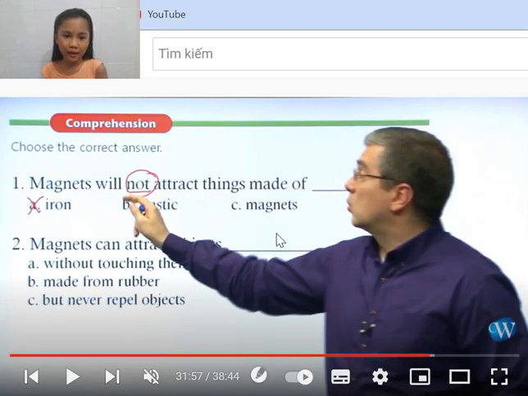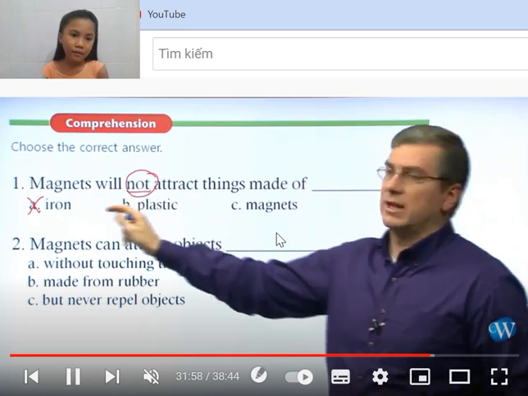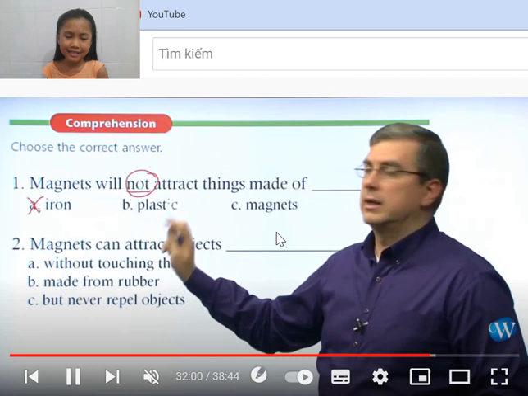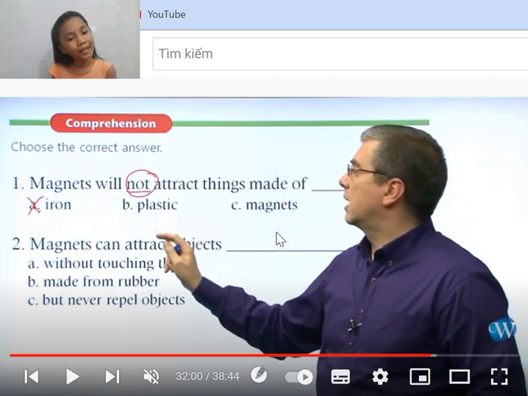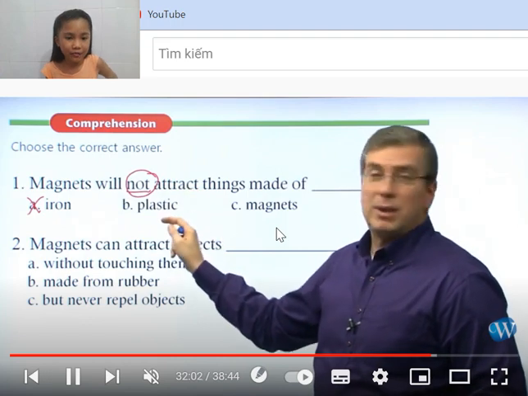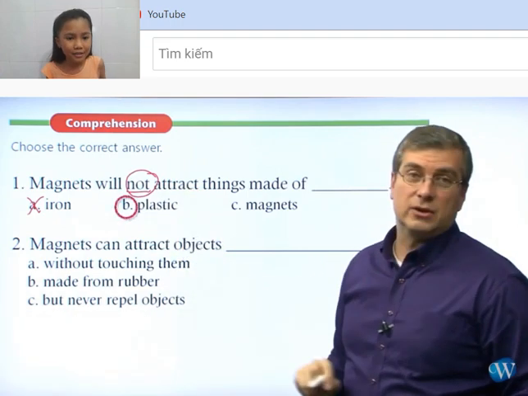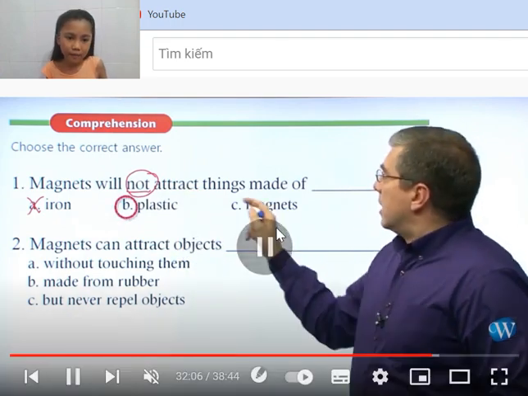Magnets will not attract things made out of iron? No, it will attract. Magnets attract to magnets? No. What about B? We have plastic. Yeah, I think so. Magnets can attract objects without touching them. Made from rubber? No. Magnets can attract, but never repel objects? Sometimes they repel objects too.